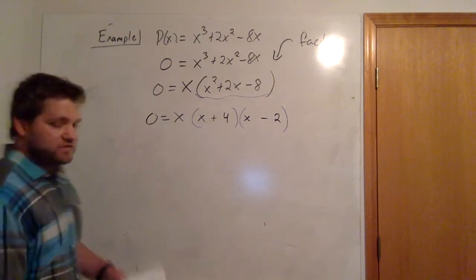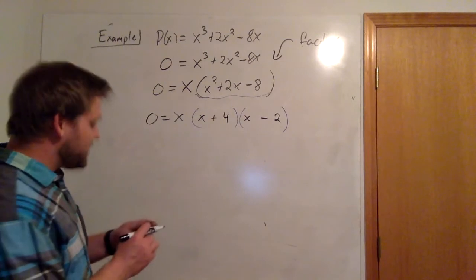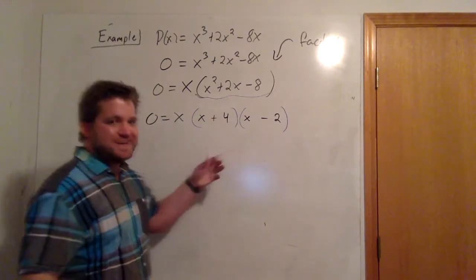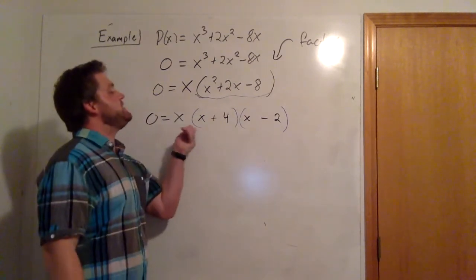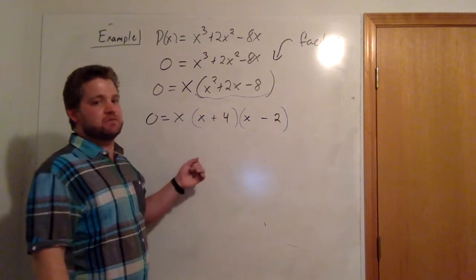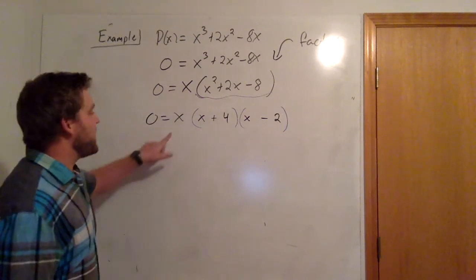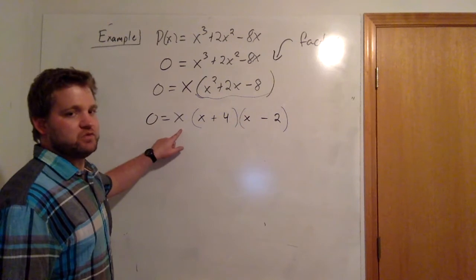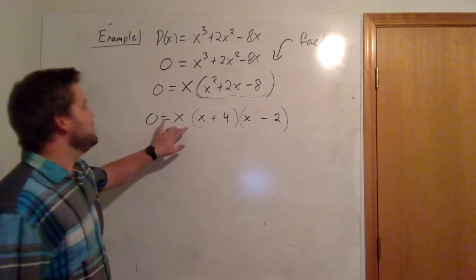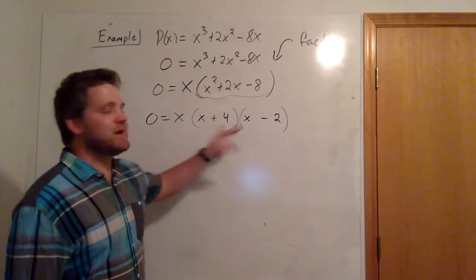So now let's figure out what the zeros are. What I love about factoring is this form is screaming at us the x-intercepts. Notice that if I were to plug in x equals 0, I'm going to get 0 times this, and 0 times anything is 0.